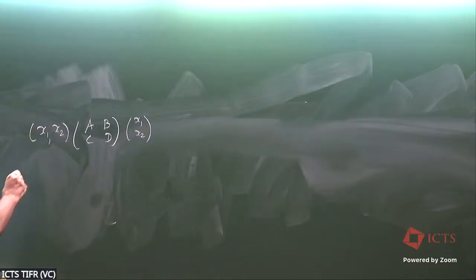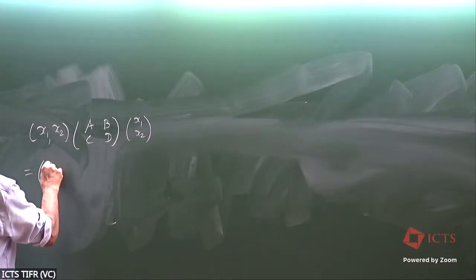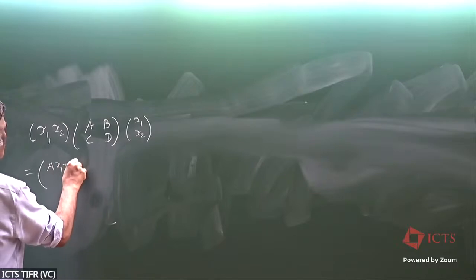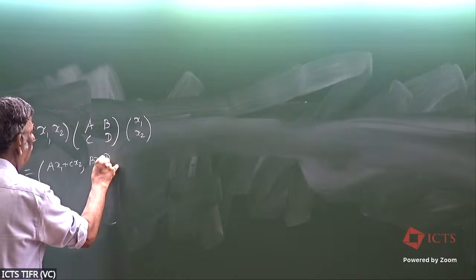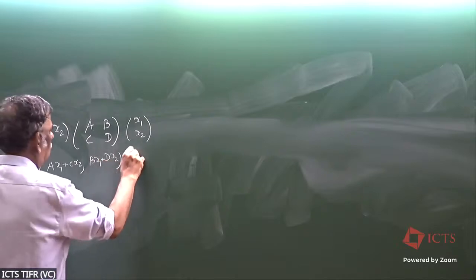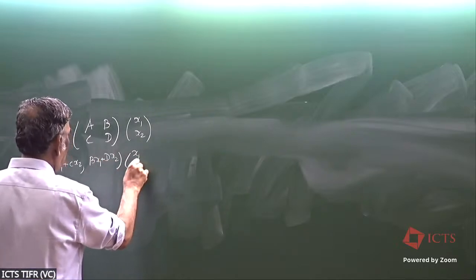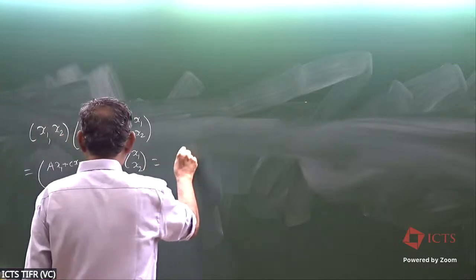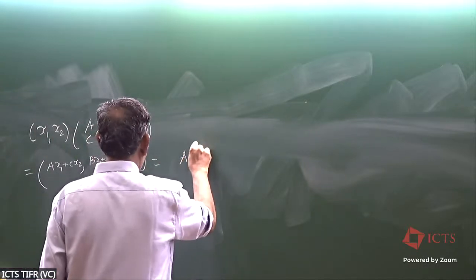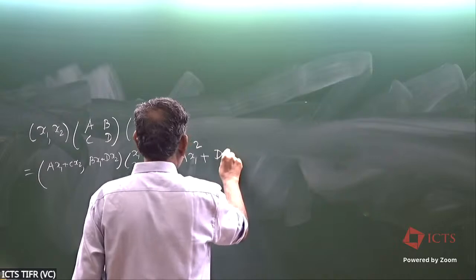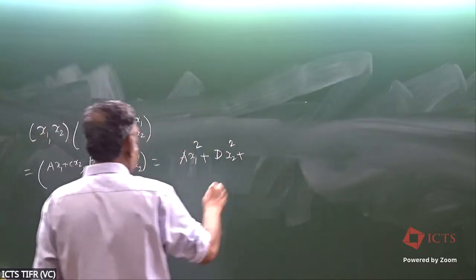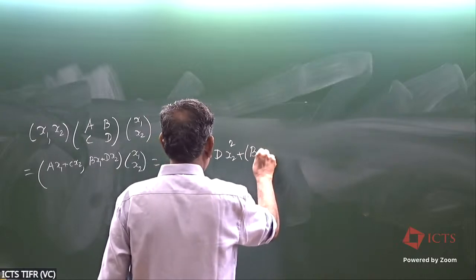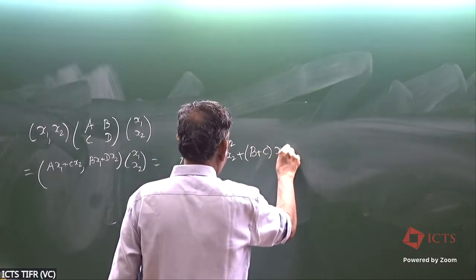If you look at that, then first you have ax1 plus cx2, and then you have bx1 plus dx2, times x1, x2, which simplifies to ax1 square plus dx2 square plus, yeah, b plus c times x1 x2.